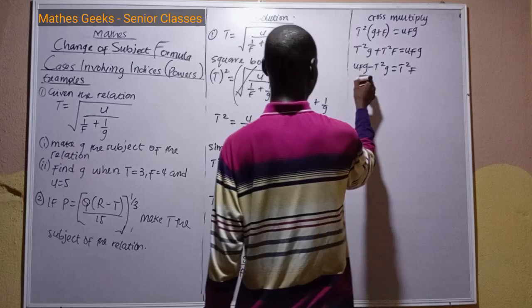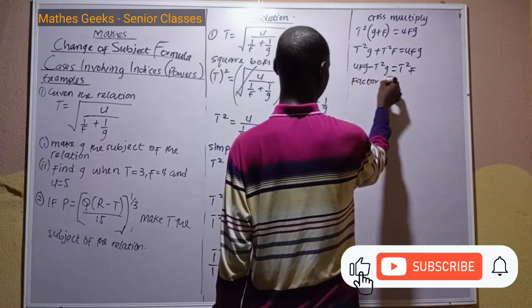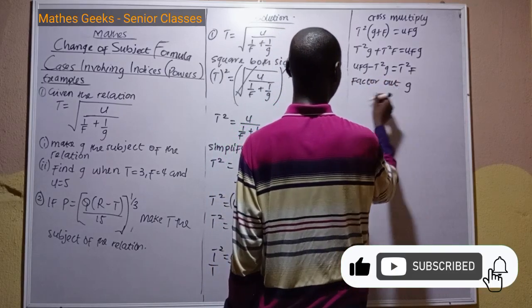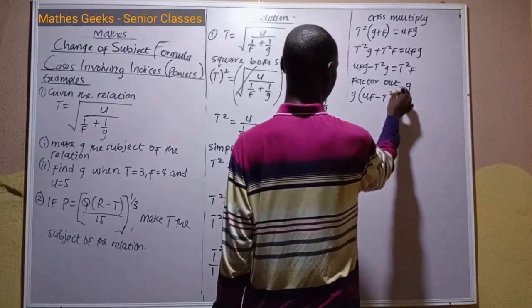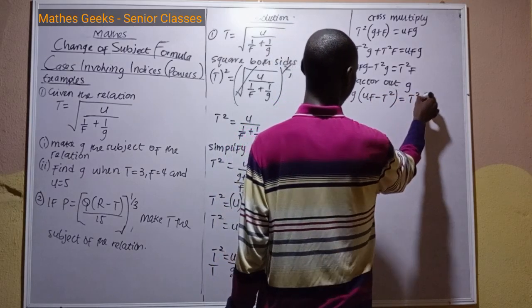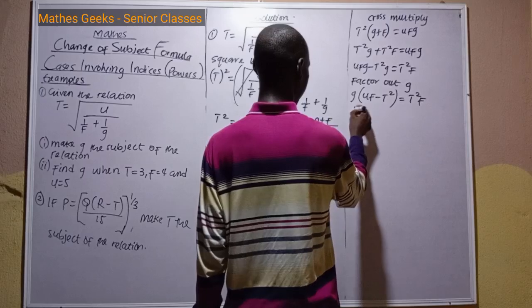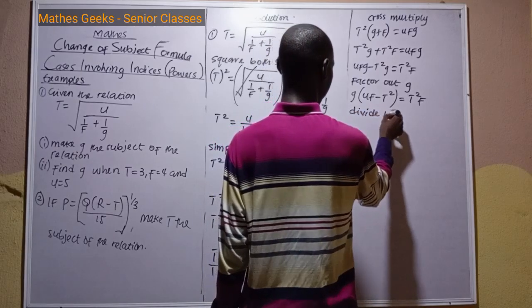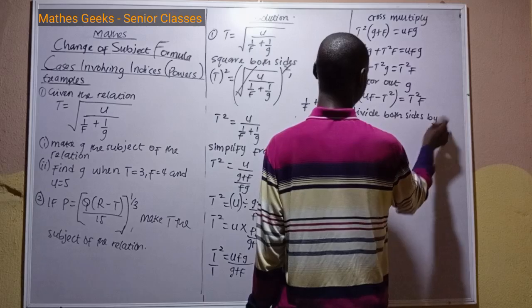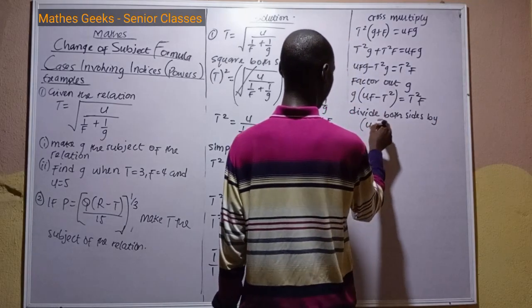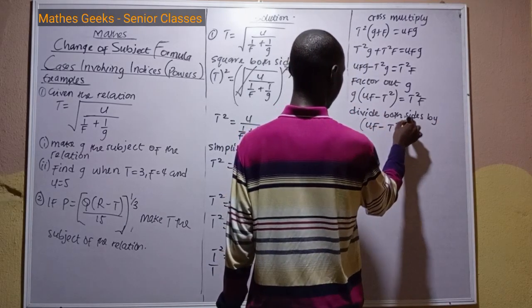So the next thing is to factor out G. Factor out G. So G times UF minus T squared equals T squared F. So divide both sides by UF minus T squared.